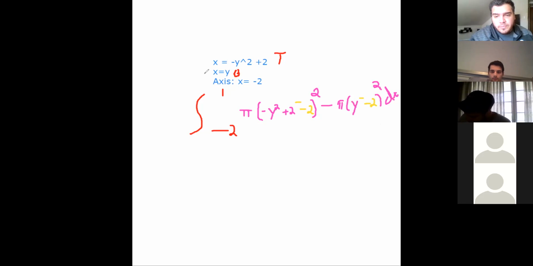I'm going to type it out to make it a little shorter. So we have pi from the integral.